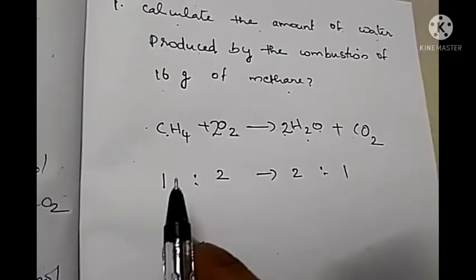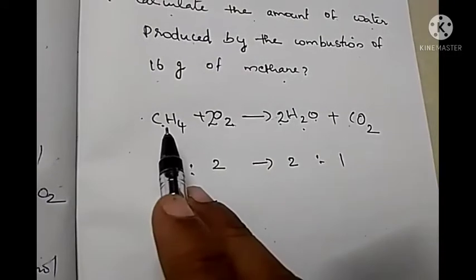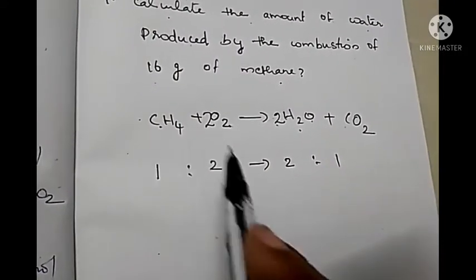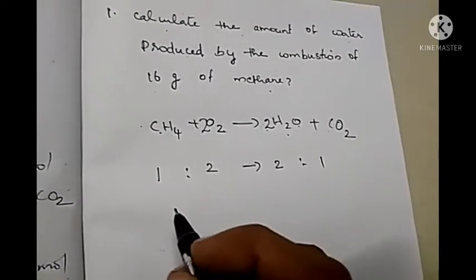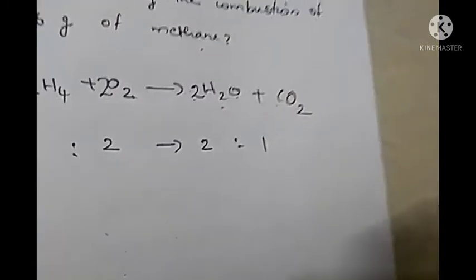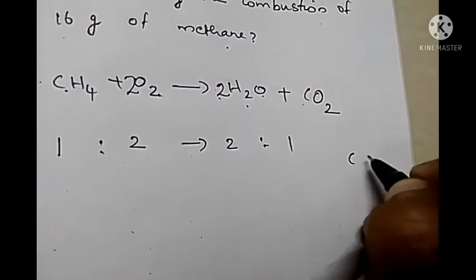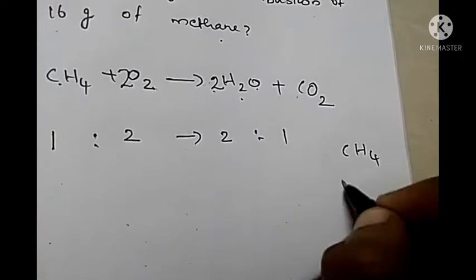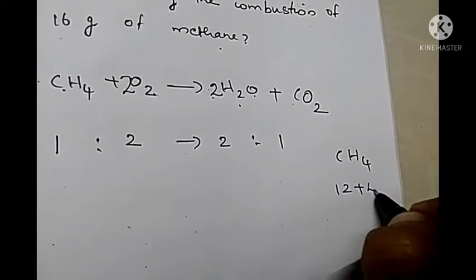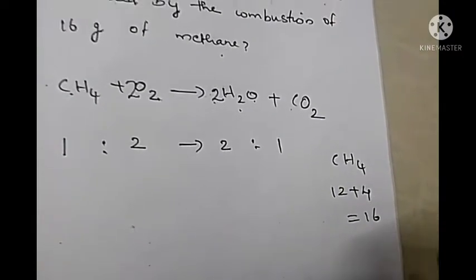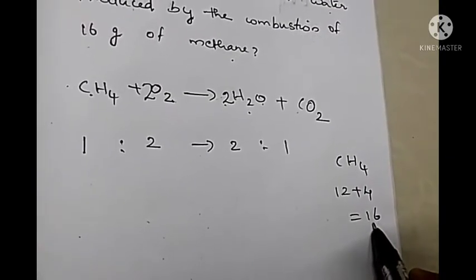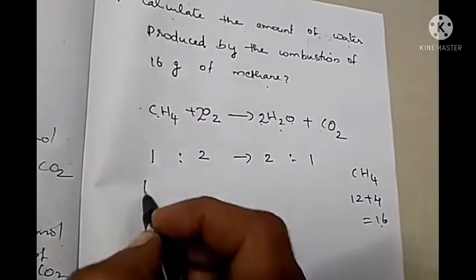How can we calculate that? CH4, what is the mass? For CH4, 1 carbon atom, 12, plus 4 hydrogen atoms, 4, that is equal to 16. So the mass of 1 mole of methane is 16 gram.